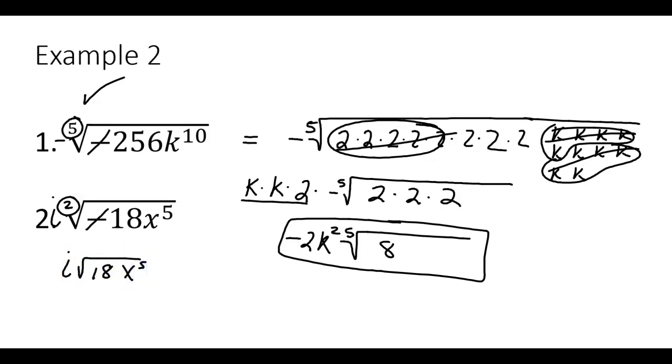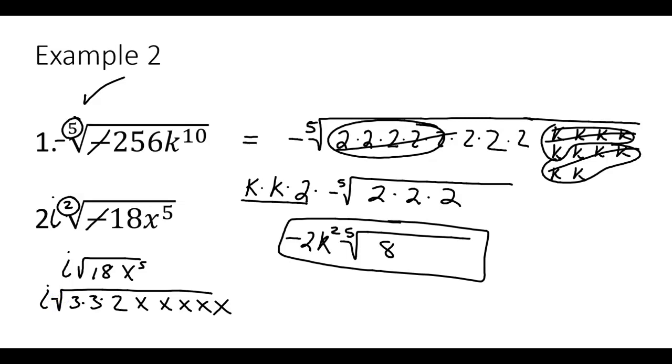And once again, I'm not going to show my tree on this one. I'm just going to do the breaking it down for you. And David, how many need to be in a group for me to take it out?